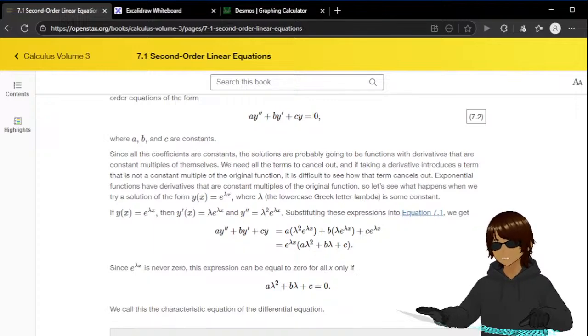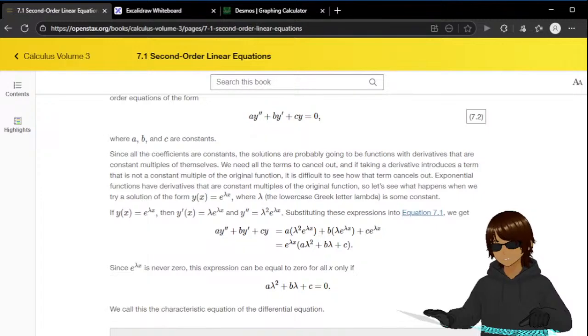We need all terms to cancel out, and if taking a derivative introduces a term that is not a constant multiple of the original function, it is difficult to see how that term cancels out. Exponential functions have derivatives that are constant multiples of the original function. So let's see what happens when we try a solution of the form e to the power of lambda x. Lambda is some constant. So y is equal to e to the power of lambda x. Derivative is this. Double derivative is this.